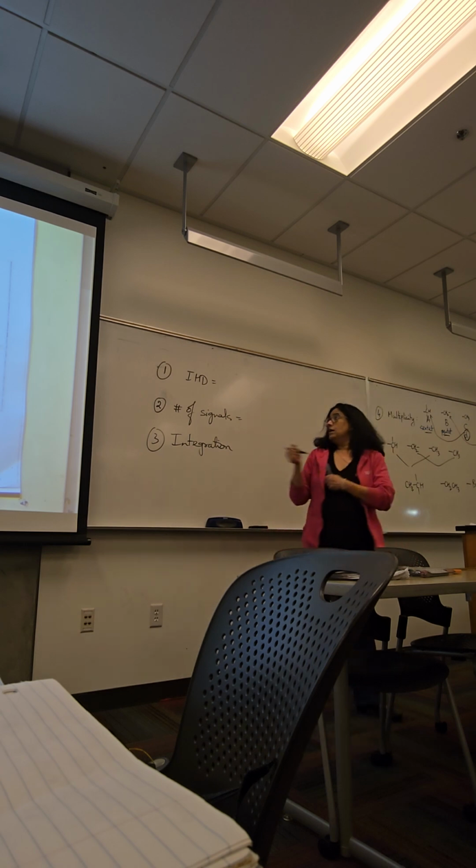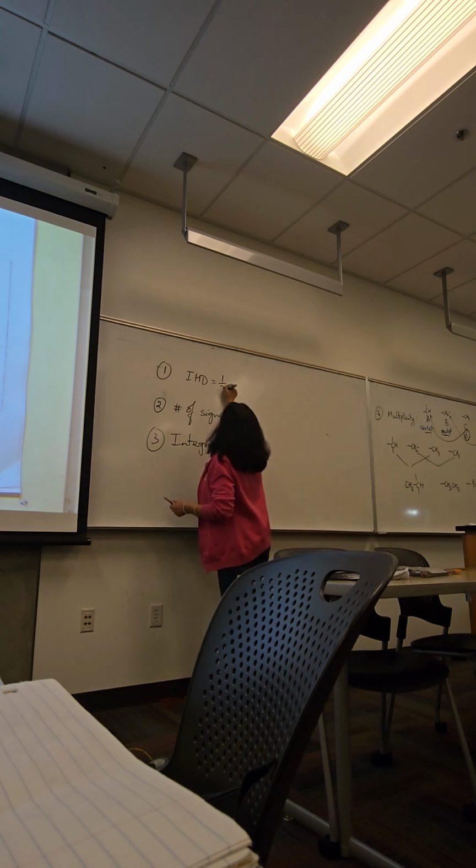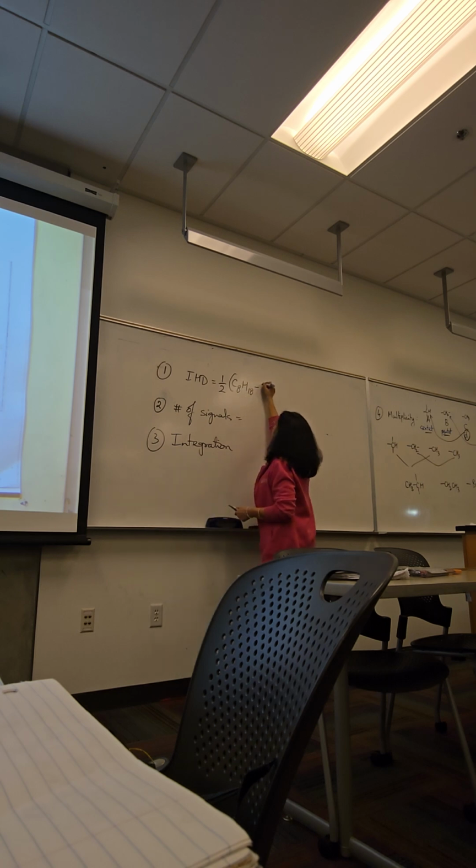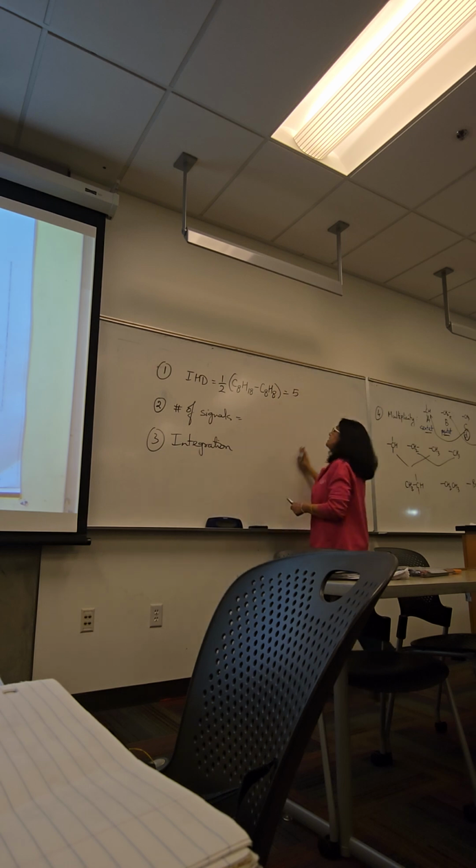You drop oxygen. Do we add any hydrogens? No. Okay, what's the saturated formula for C8? It's C8H18. Minus C8H8. What is that? IHD is 5.